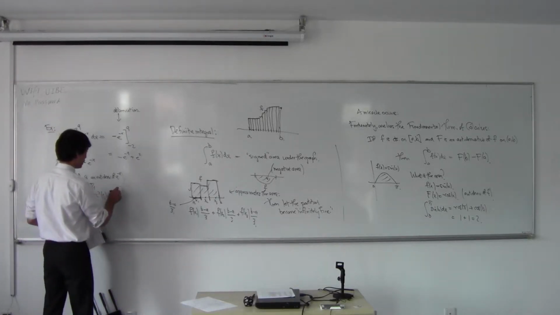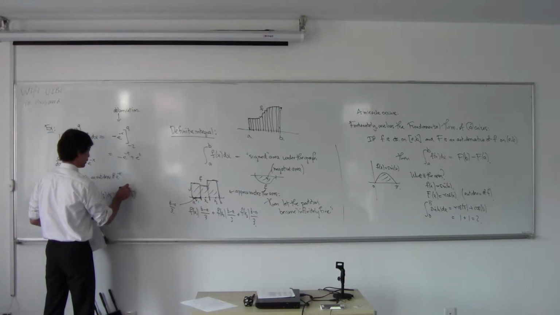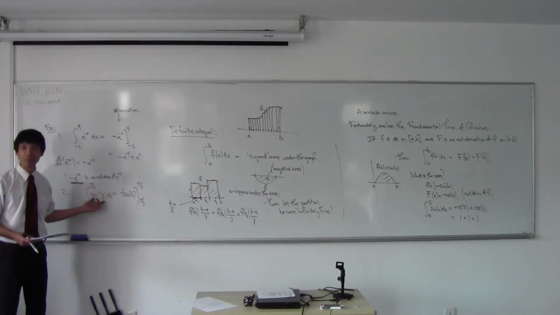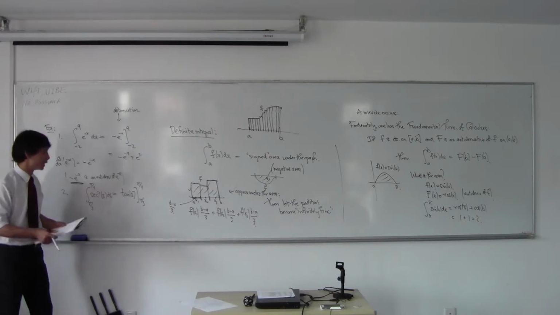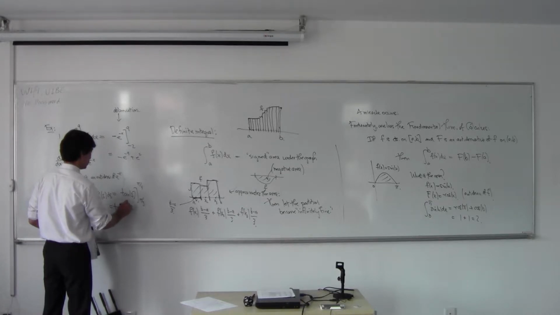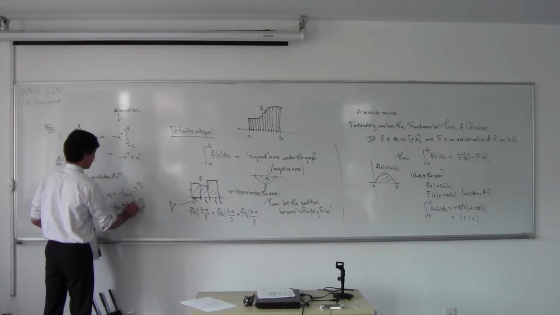So you get tangent evaluated between pi over 4 and pi over 3. A lot of the trouble of doing these problems is just figuring out or remembering the antiderivative. So you get tangent pi over 4 minus tangent pi over 3.